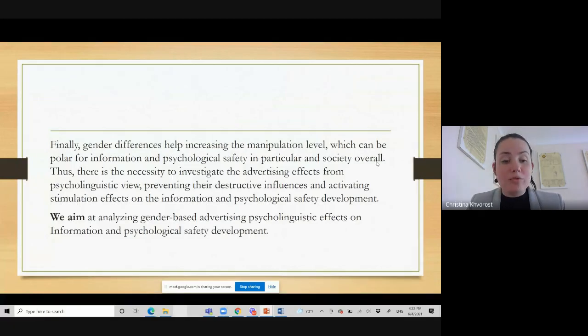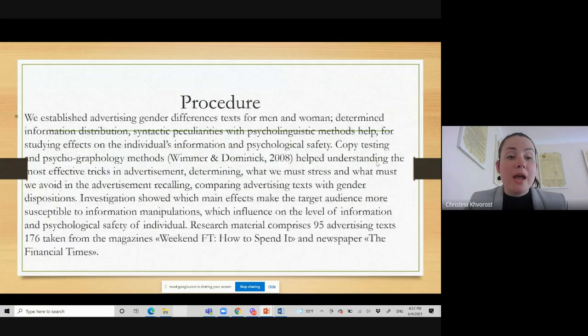So the aim of the investigation was to analyze gender-based advertising, psycholinguistic effects on information and psychological safety development. The procedure.